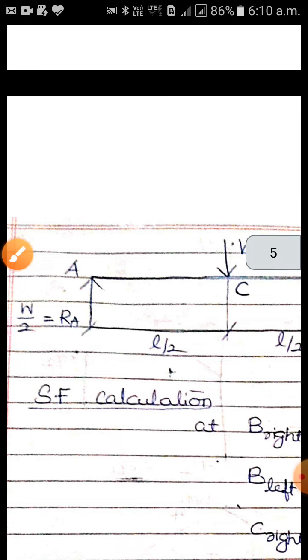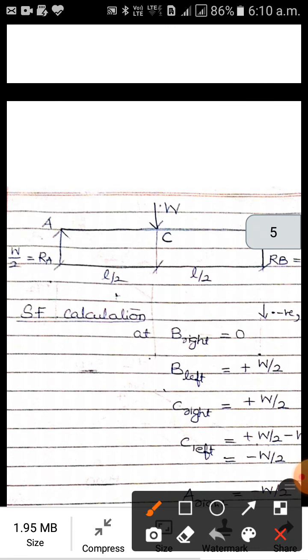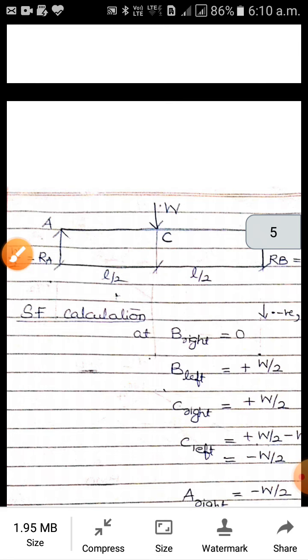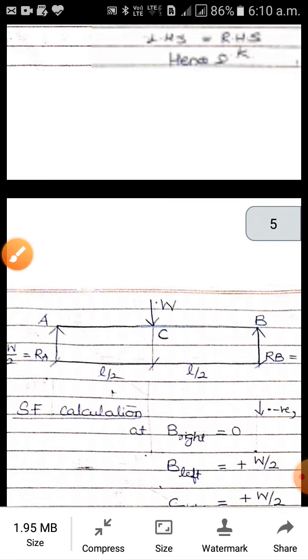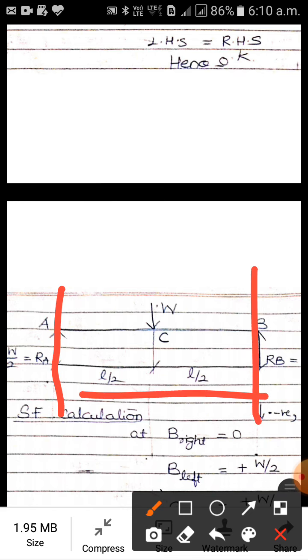Now we are finding the bending moment. So let me have the full view. We're taking the moment about A. So what are the forces? What about RA? RA is acting on A. So RA into 0. Now RB. What is the distance between RB and A?